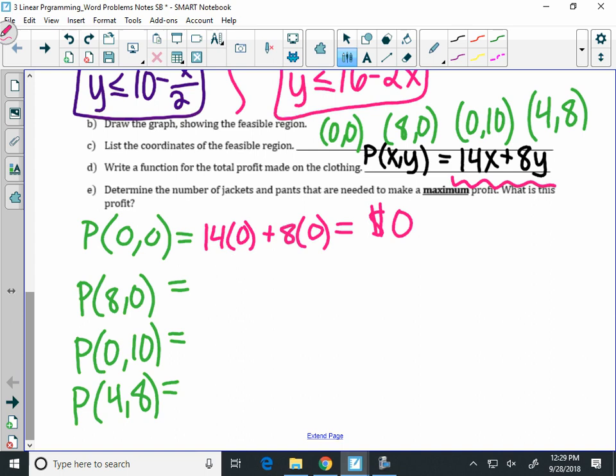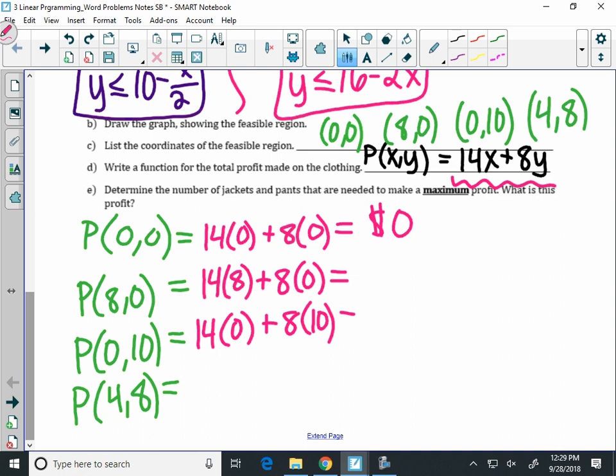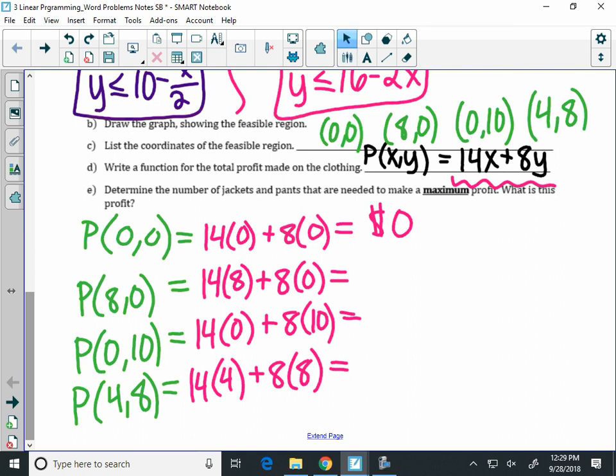So take a second here and put the rest of these into your profit function. And then we'll figure out which one gets us the most money.